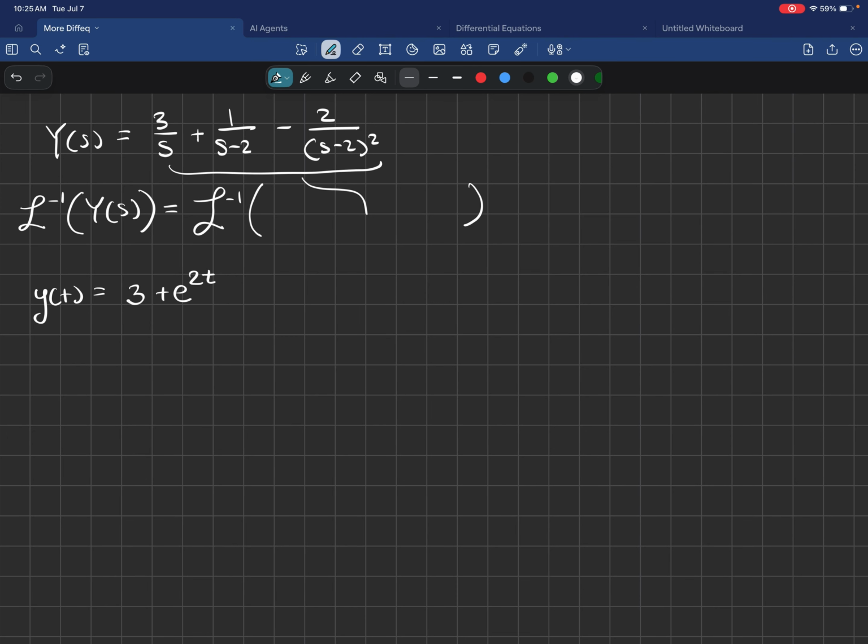The inverse Laplace of 2 over s minus 2 squared, well, we can combine our rule for t to the n and the shifting theorem. We know that, okay.